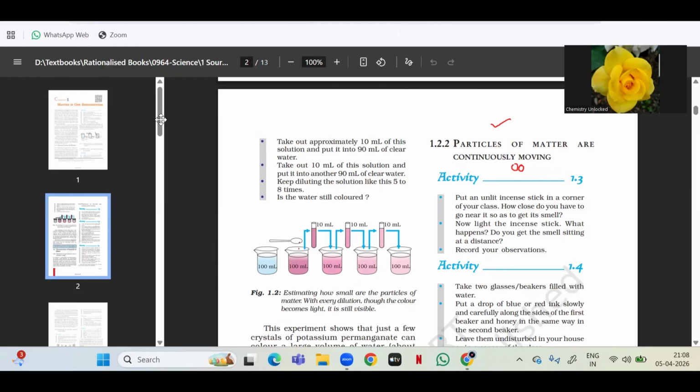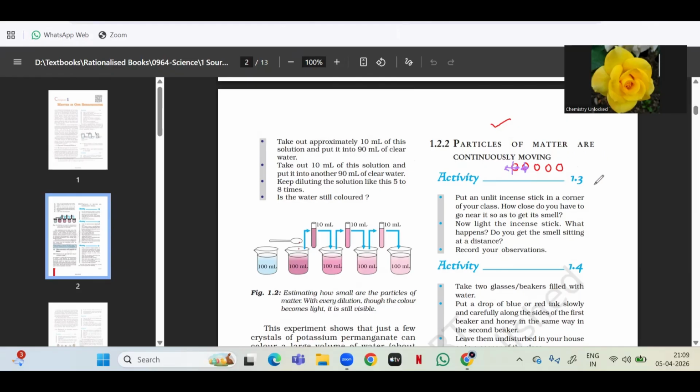They are not so close, they do have some spaces. Say these are the particles of wood, right? Although the particles appear to be still, they are not still, they are vibrating at their mean position. So even for solids, the particles keep moving.